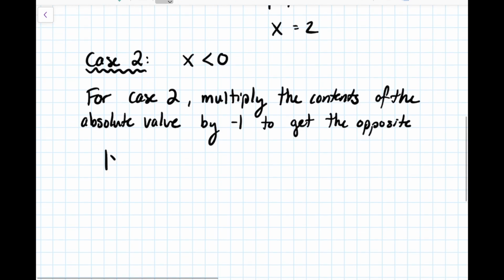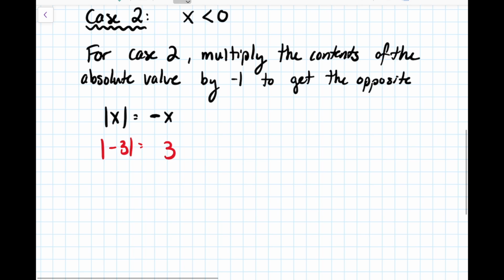So the absolute value of x is now going to be -x. And this happens if x were a negative number. So if we put, say, -3 in there, just as an example, the absolute value of -3 is going to equal +3. But if x was -3, this is essentially -(-3). So we're finding the opposite of what we had.